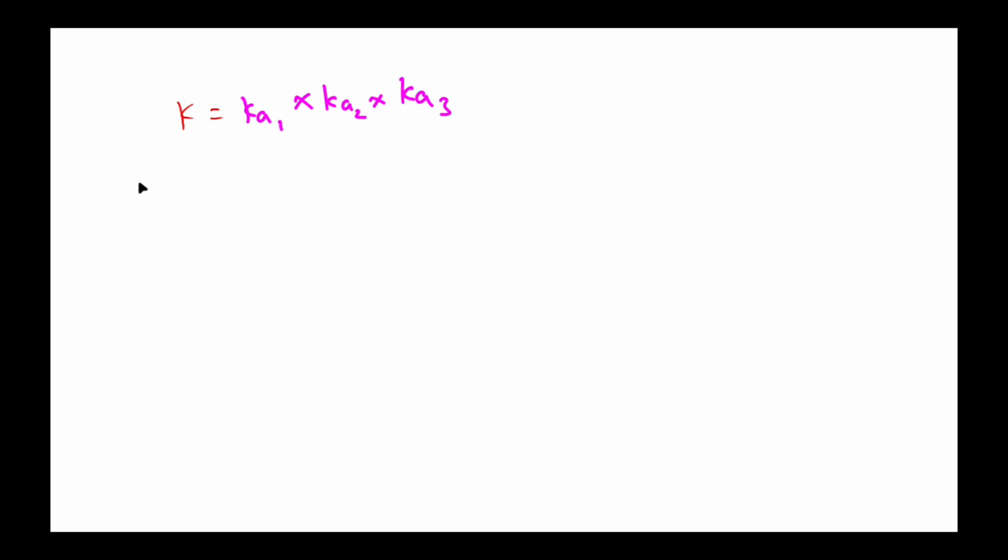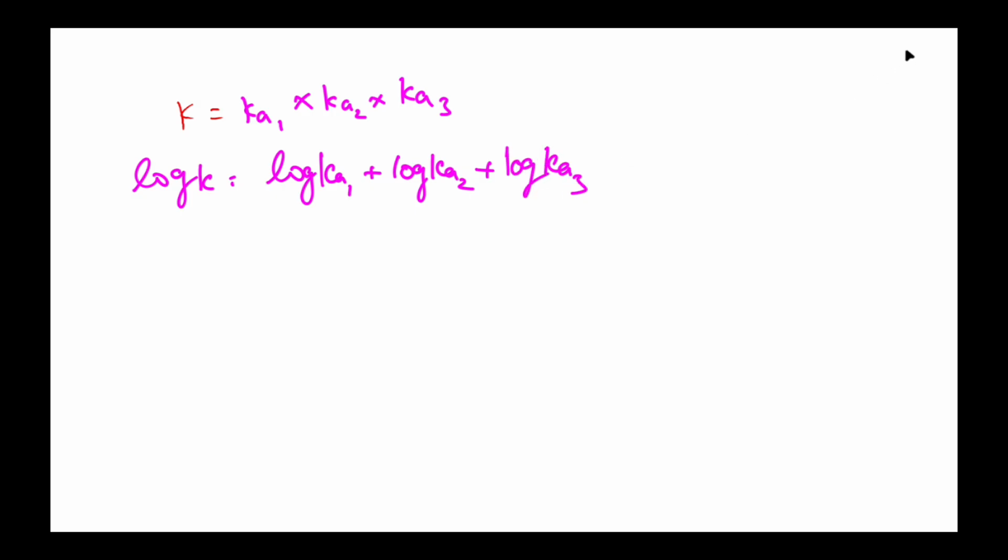So if you take log on both sides, log K is equal to log Ka1 plus log Ka2 plus log Ka3. So here the Ka1 value is greater than Ka2, which is greater than Ka3.